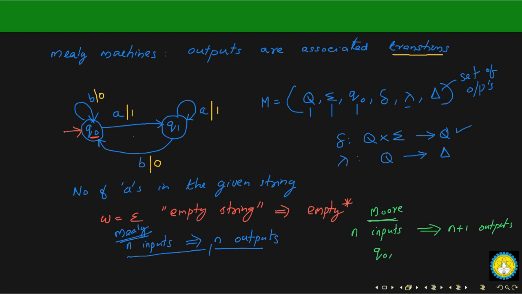Suppose you have an output X associated with Q0. The X output is always going to be there in your output. That's why you have n plus 1 outputs here, whereas for a Mealy machine, you will always have n outputs if you have n inputs.